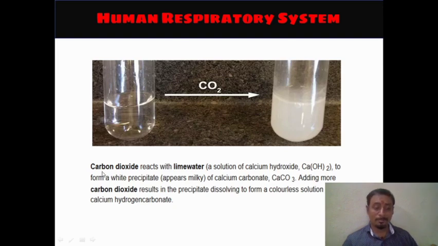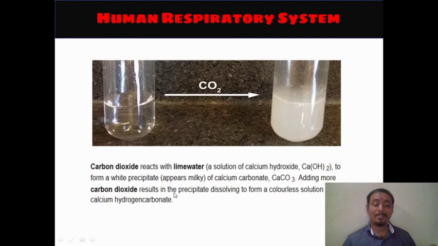So here the explanation is given. Carbon dioxide reacts with lime water, a solution of calcium hydroxide, Ca(OH)2, to form a white precipitate which appears milky, of calcium carbonate, CaCO3.